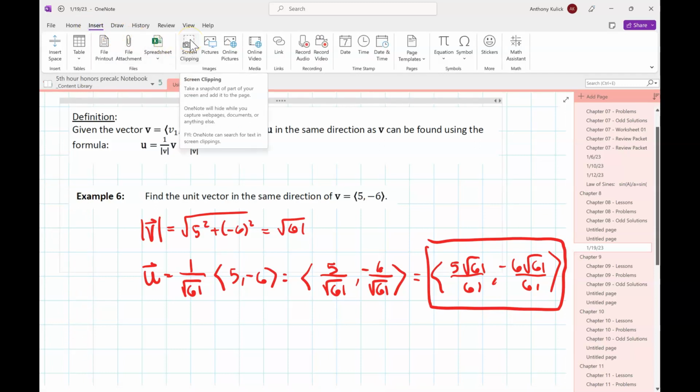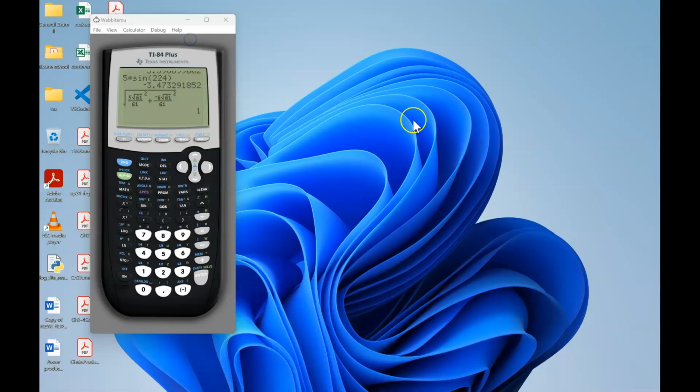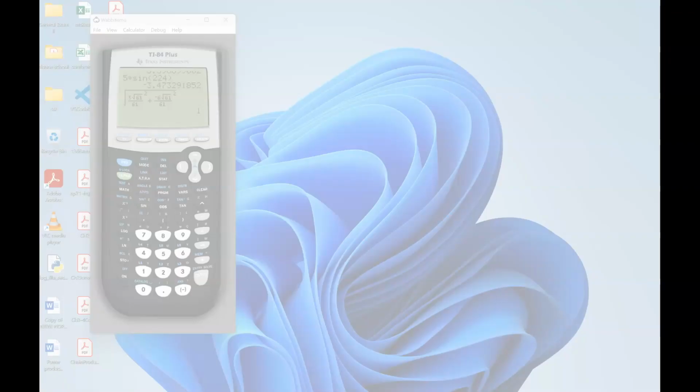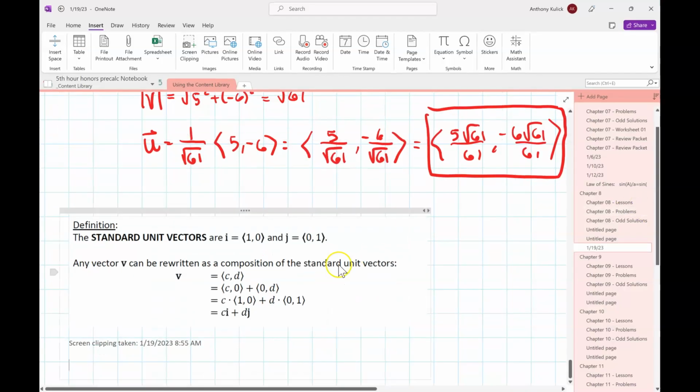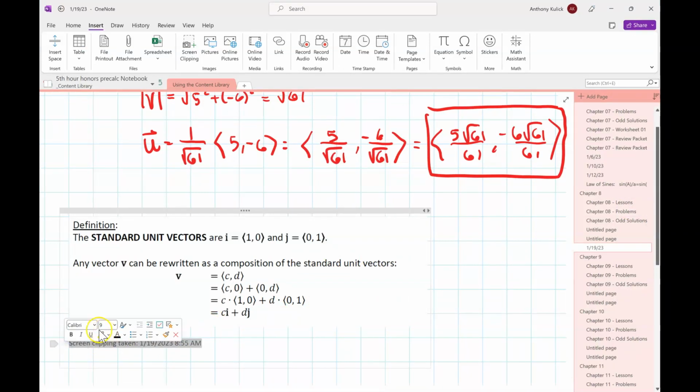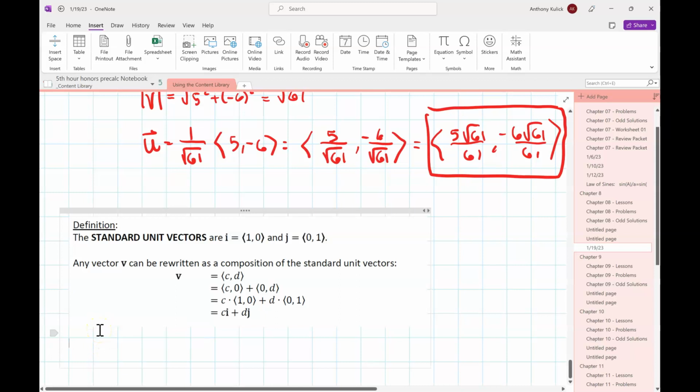So we're going to talk about 2 special unit vectors next. Any guesses as to what those 2 special unit vectors might be? How about 1, 0, and 0, 1? Right? We call those 2 the standard unit vectors, and we give them a name.